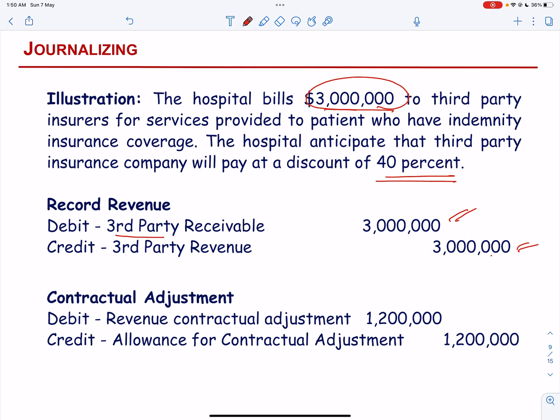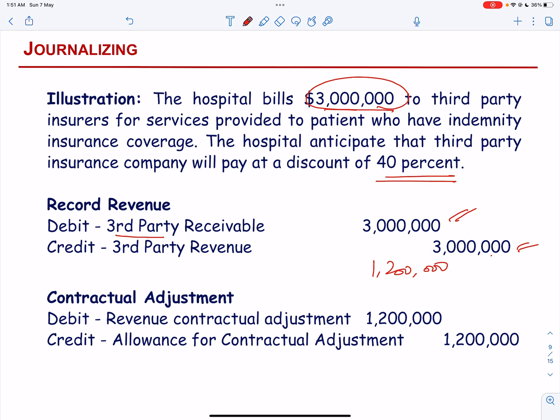40% of 3 million is 4 threes are 12, 1,200,000.